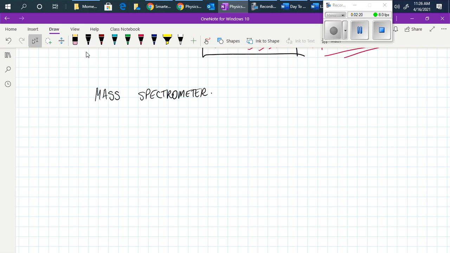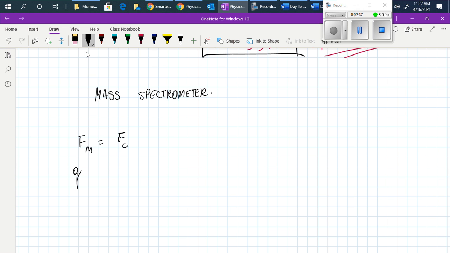Having different masses, meaning that when they enter into a magnetic field, they will behave differently, because remember what we said about magnetic force being equal to centripetal force.